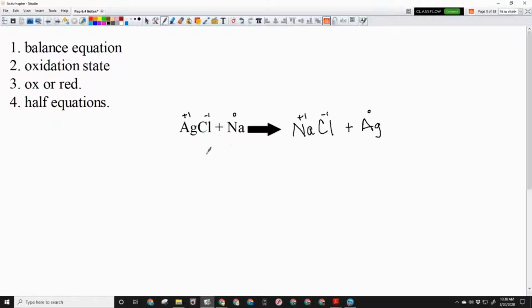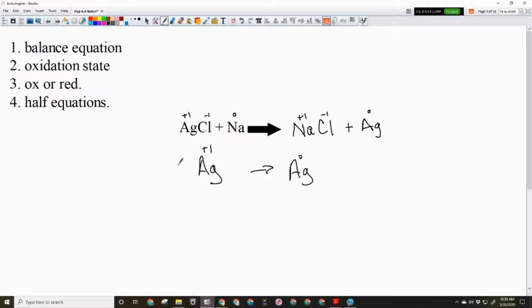Okay, so let's take the half equations. We have silver on this side that is going to silver 0. It's +1 here, and it's 0 here. So how did this happen? Well, in order for it to go from a +1 to a 0, this one has to neutralize this positive charge.